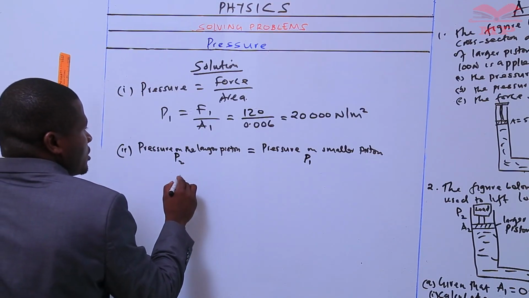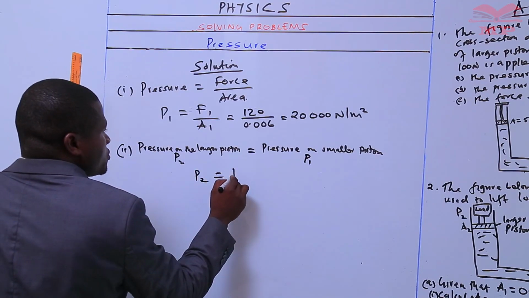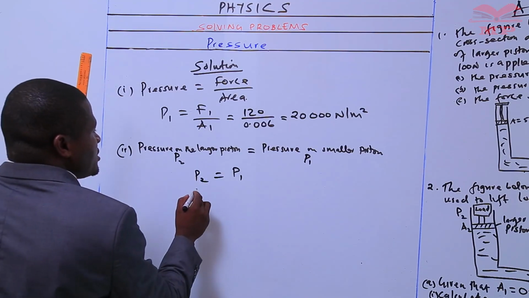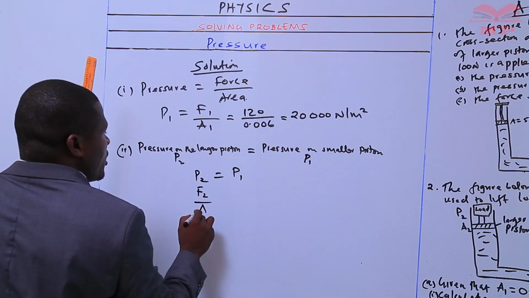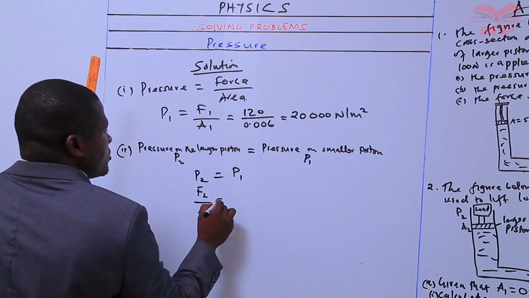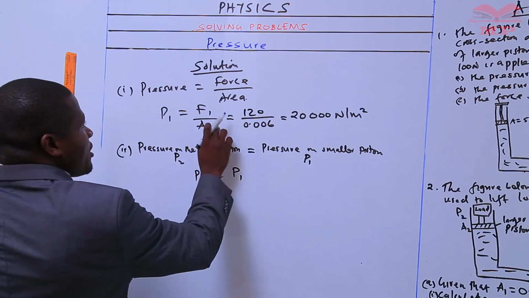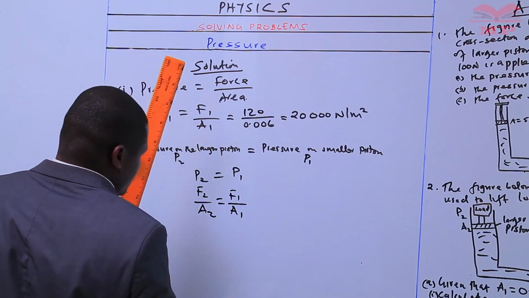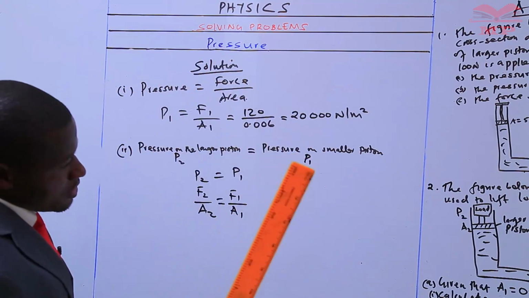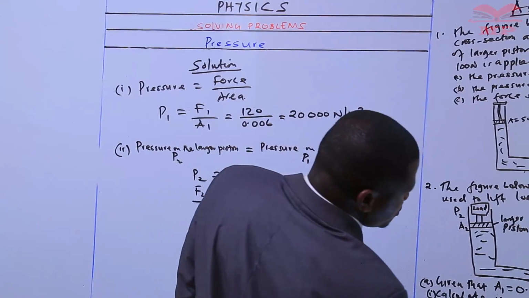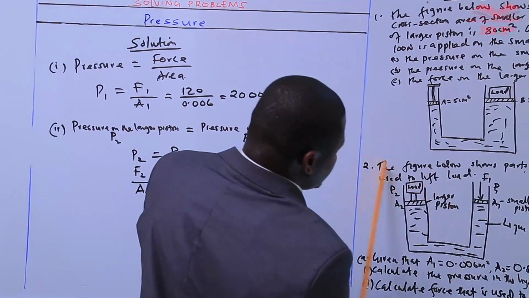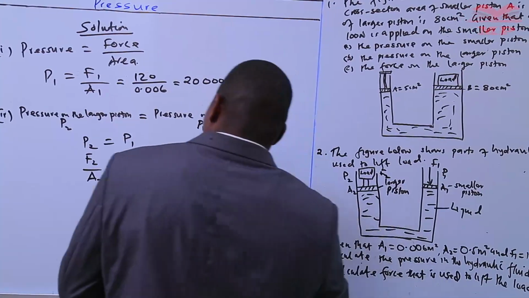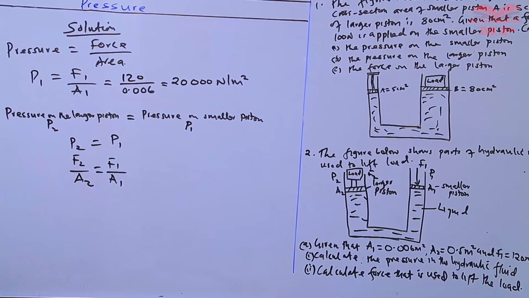Now, this means that P2 is equal to P1, and pressure P2 is just F2 over A2, which is just the same as pressure 1. We have seen it is F1 over A1. So they are asking me to calculate the force that is used to lift the load, which is F2. I can denote this one as F2. That is what they are asking.